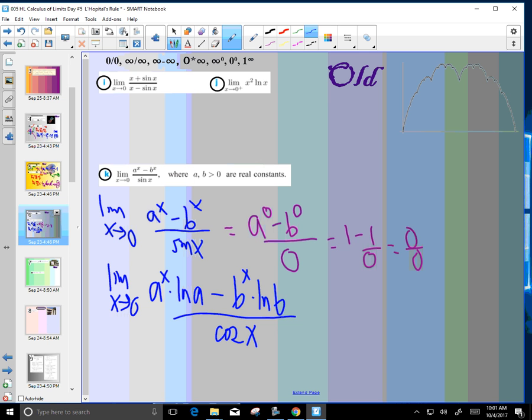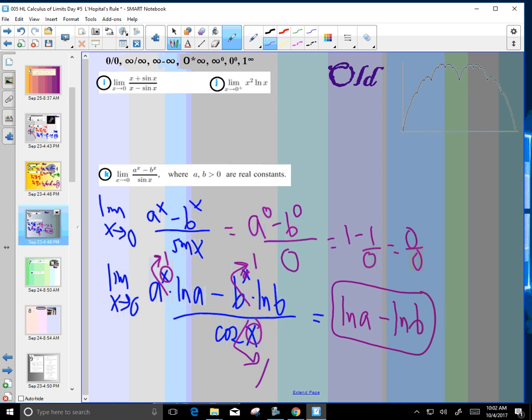So when I put a 0 in for this, what's the cosine of 0? 1. What's a to the 0? 1. What's b to the 0? 1. So you're going to get the natural log of a minus the natural log of b, and don't worry about that yet.